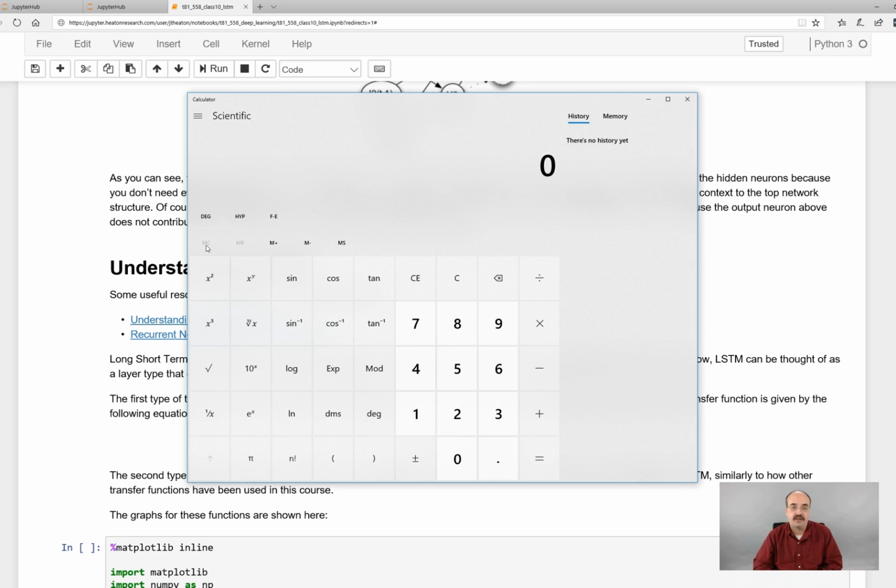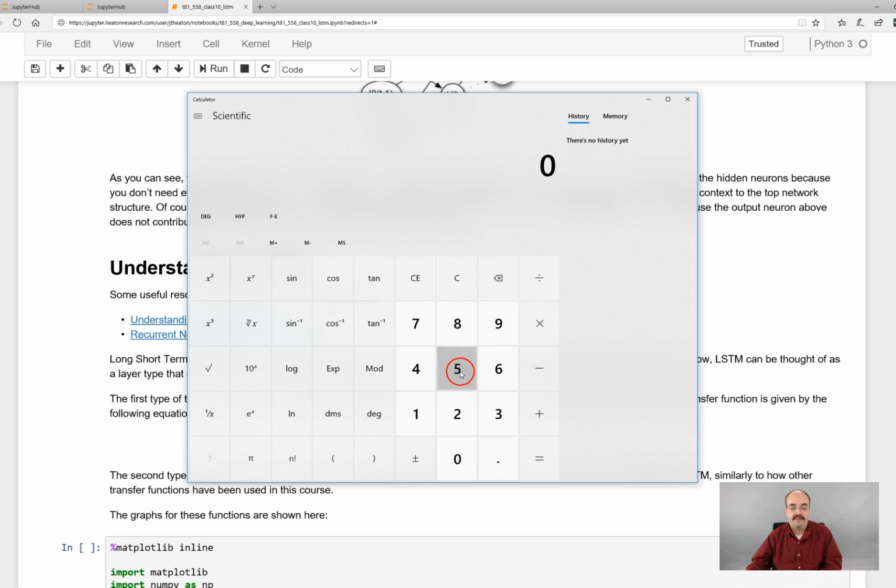And these gates are the real innovation of this type of neural network. They let it remember things for a long time or a short time. There are 3 gates that you're dealing with: the input gate, the forget gate, and the recall, or sometimes the output gate. You can think of these gates as dealing with the memory of the neural network or the context. You can think of them as the memory buttons on a calculator.